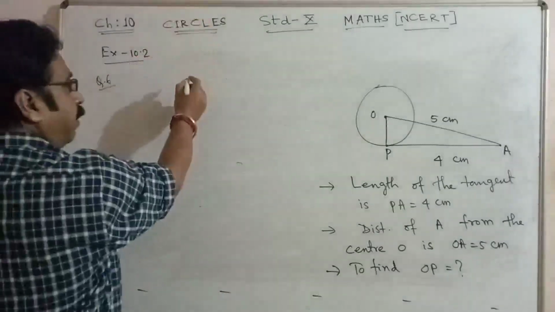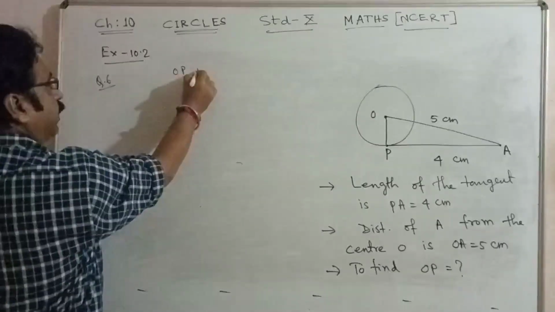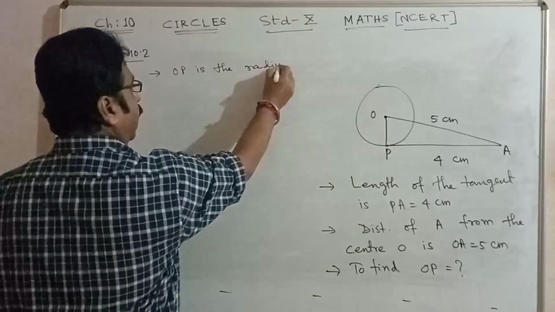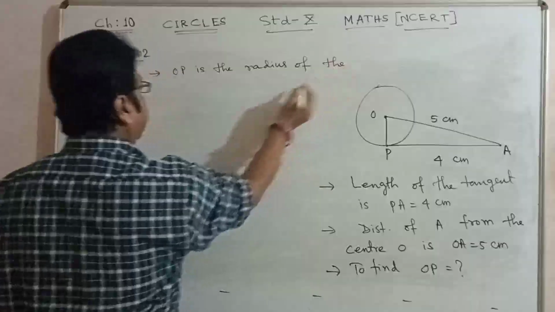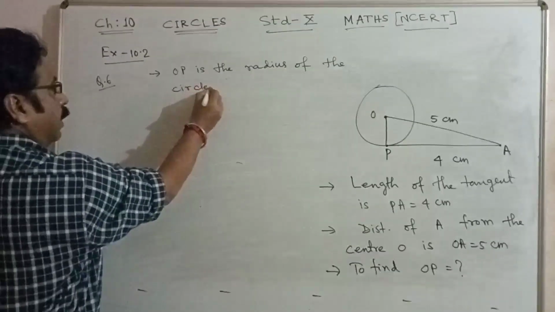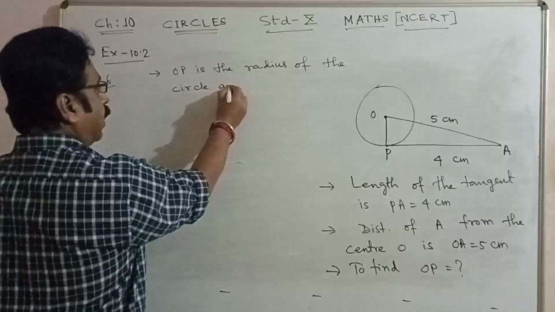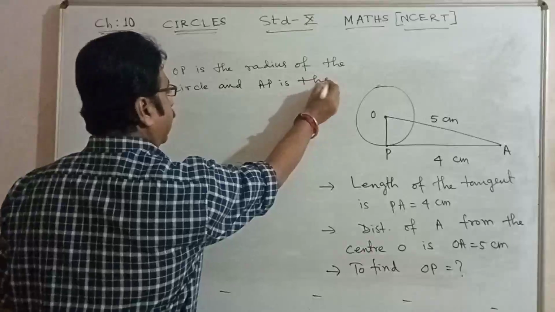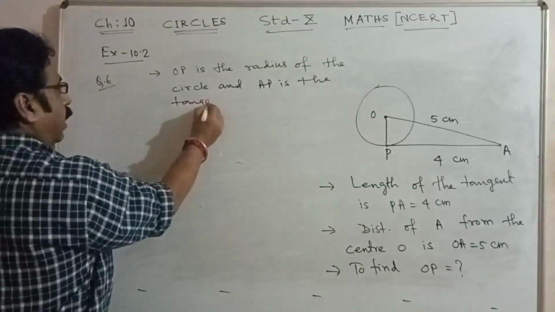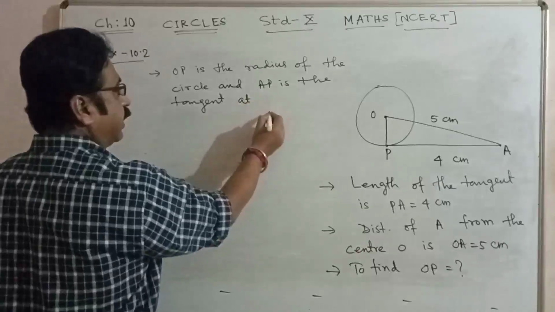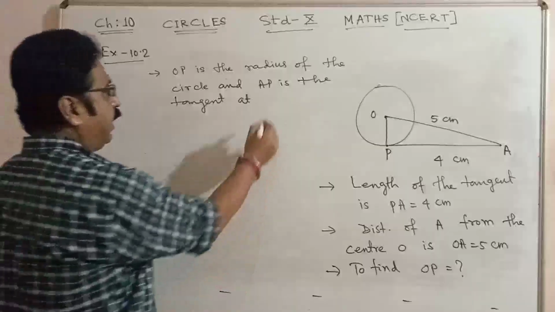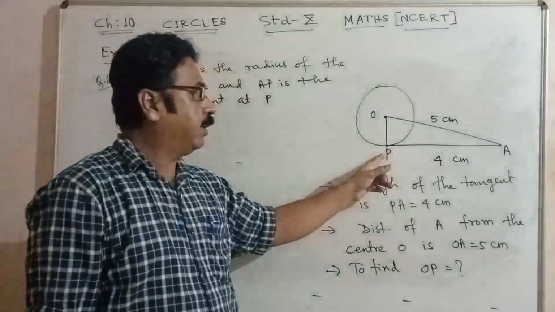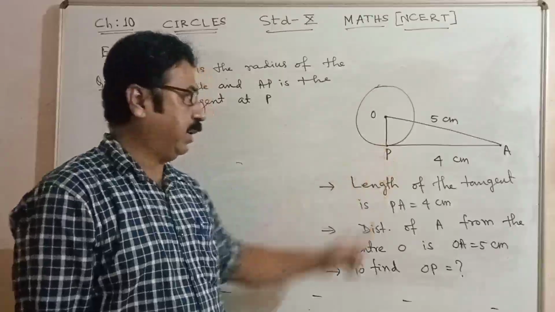We know OP is the radius of the circle, and AP is the tangent at the point of contact, tangent to the circle at the point of contact P.